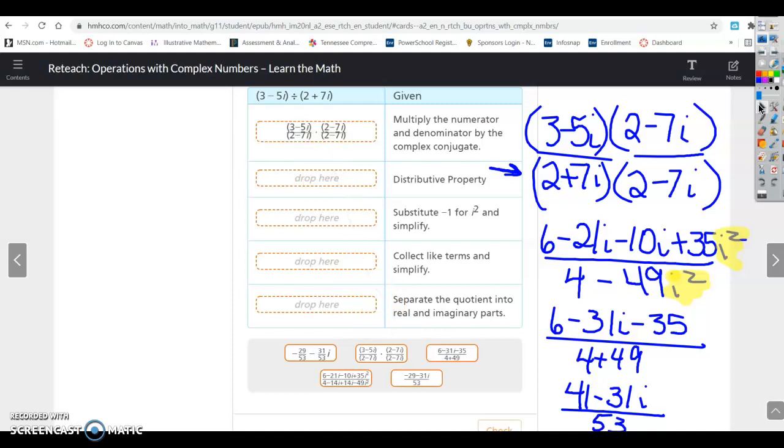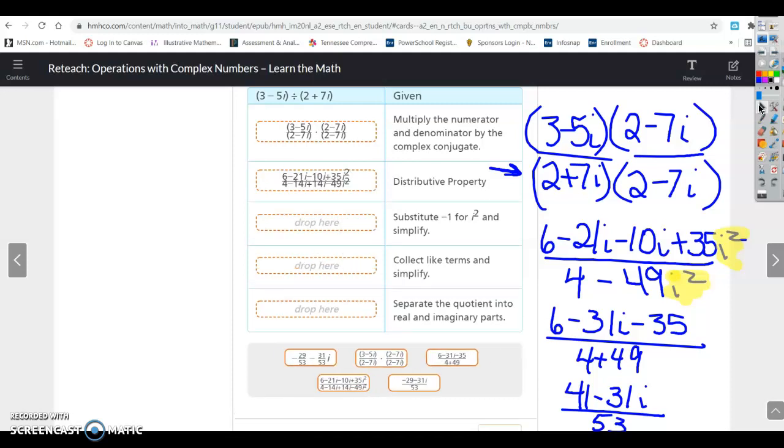And then we're going to have to use the distributive property. And then we're going to substitute negative 1 for i squared. And then collect like terms.